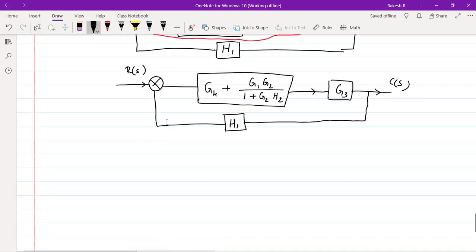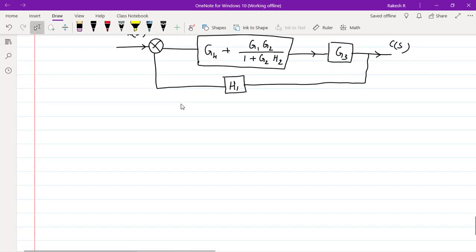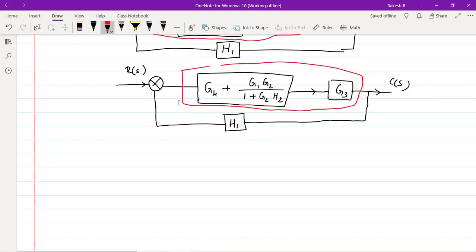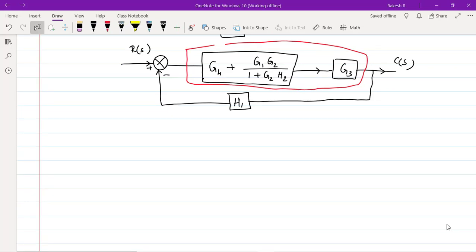Now after this, again follow the procedures. First check whether we have any blocks in series or any blocks in parallel. Check out these two blocks. These two blocks are now in series, right? When blocks are in series, what we need to do? We need to multiply those two blocks. Before going to that, first I shall solve the blocks which are inside. We shall solve this block.